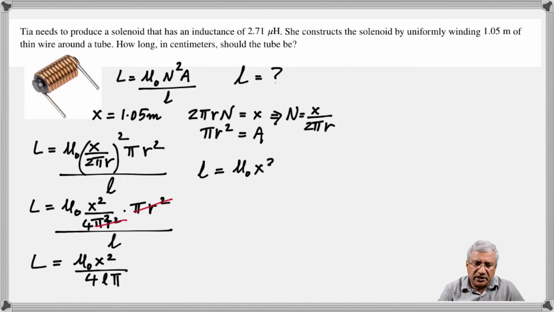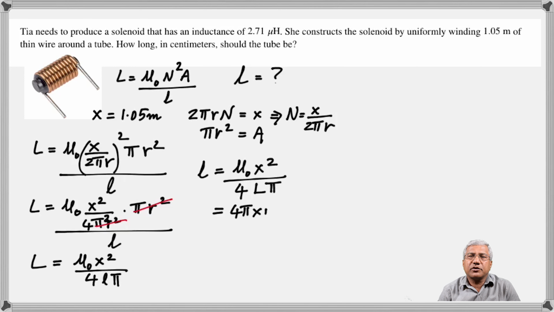Now, rearranging it, I'm going to take this length of the winding to the left side, goes to the numerator, and the inductance comes to the denominator. Simple, huh? So you get that l equals mu naught x squared by 4L times pi. Now we know that mu naught is 4 pi times 10 to the negative 7.